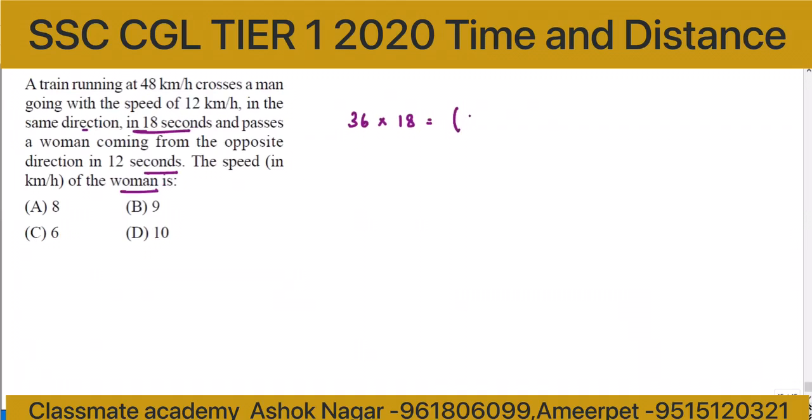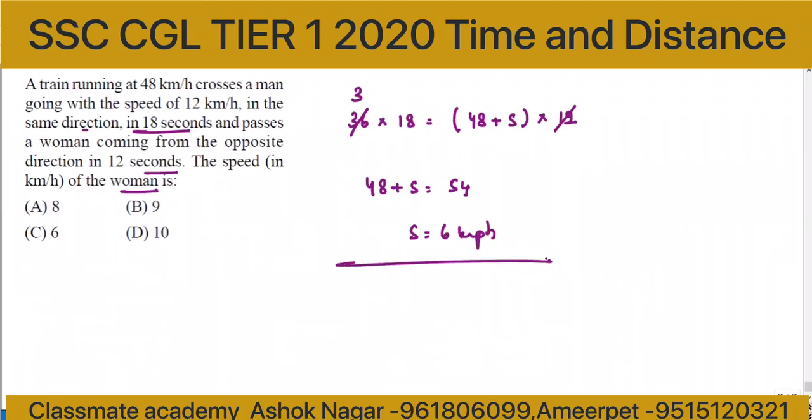Take it as 48 plus s. 12 ones are 12, 12 threes are 36. 48 plus s is equal to 6 km per hour. What is the formula I am using? In both the cases, the length of the train is the same, therefore D1 is equal to D2, so S1 T1 is equal to S2 T2.